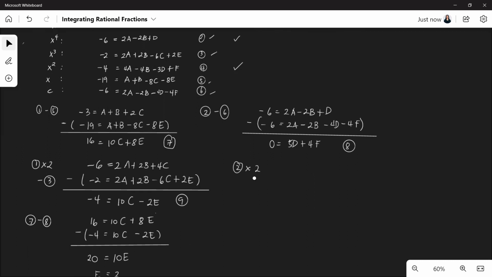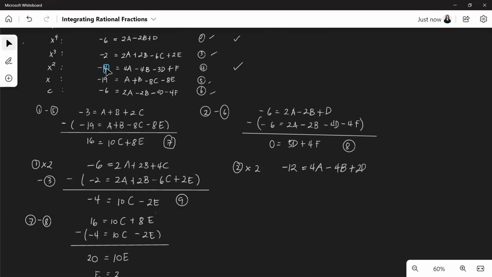That would be negative 6 times 2 or negative 12. 2A is 4A, minus 2B times 2, so that's 4B. And then 2 times D, so that's 2D.